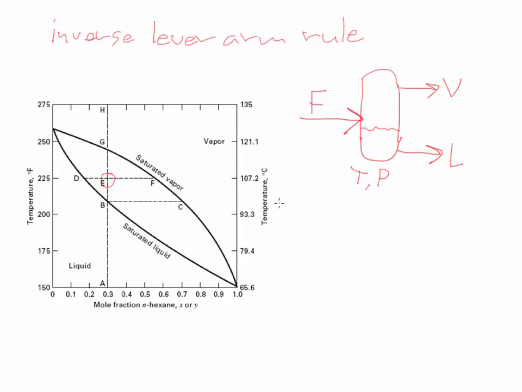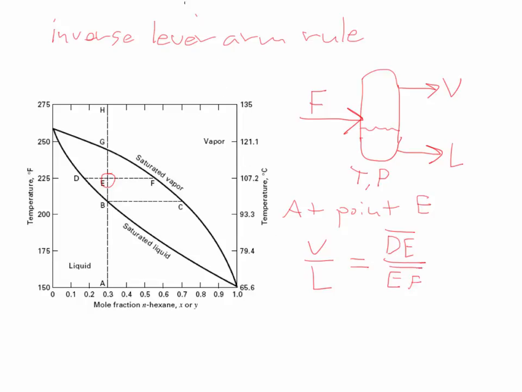All right, so at point E, what the inverse lever arm rule tells us is that the ratio of the flow rate of the vapor phase to the flow rate of the liquid phase is going to be equal to the ratio of the line segment DE over the length of the line segment EF.